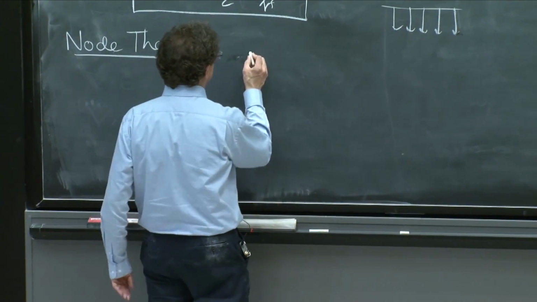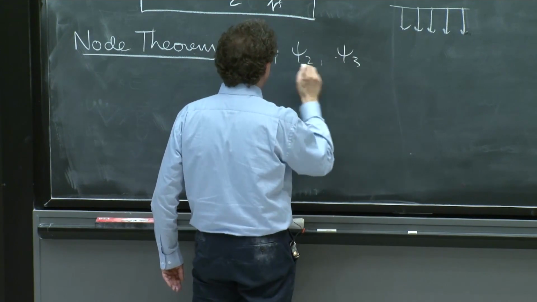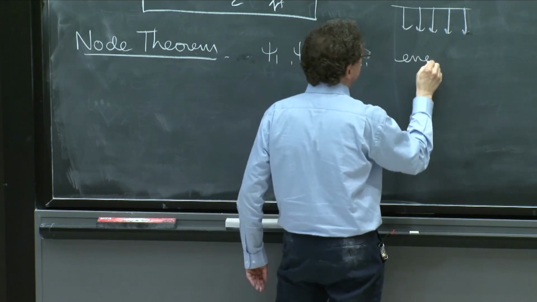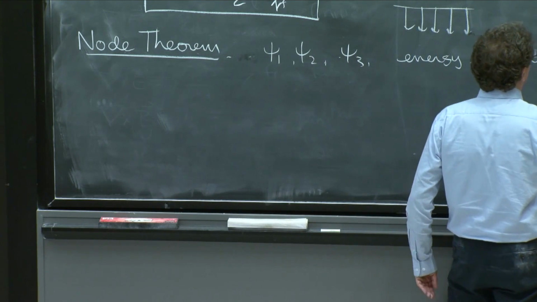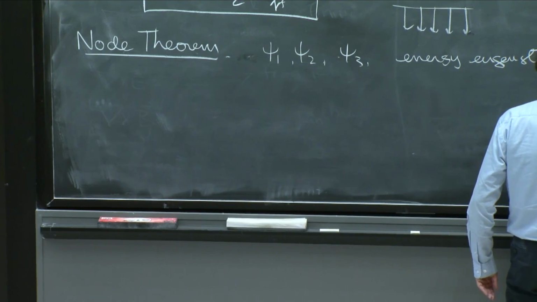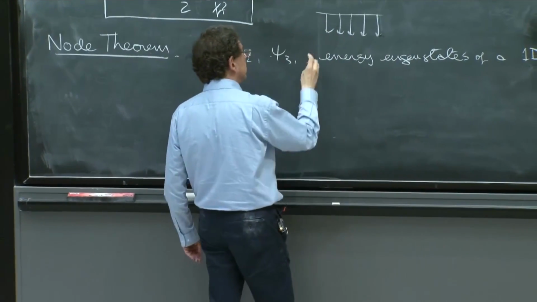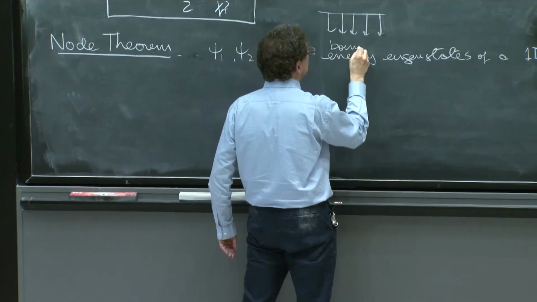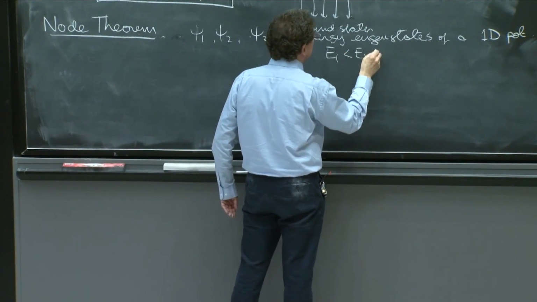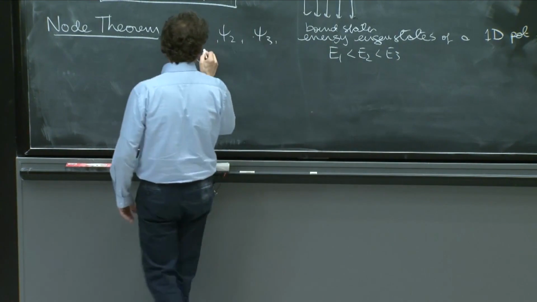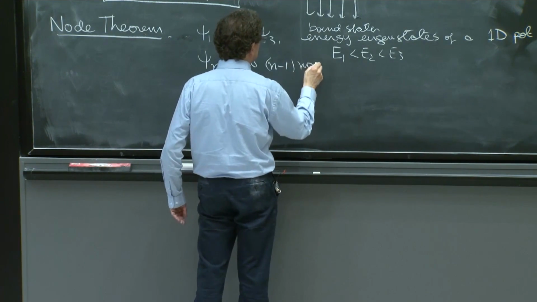So the node theorem is: if you have psi 1, psi 2, psi 3, all energy eigenstates of a one-dimensional potential, bound states, with energy E1 less than E2 less than E3 and so on, psi n has n minus 1 nodes.